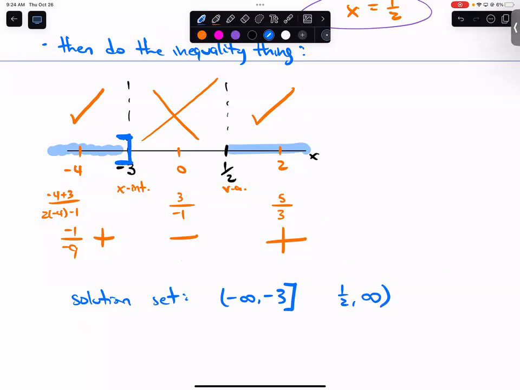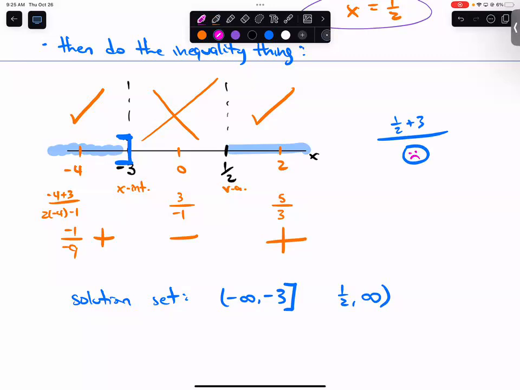What happens at a half? At a half, it's undefined. Undefined means I don't know what it is, right?